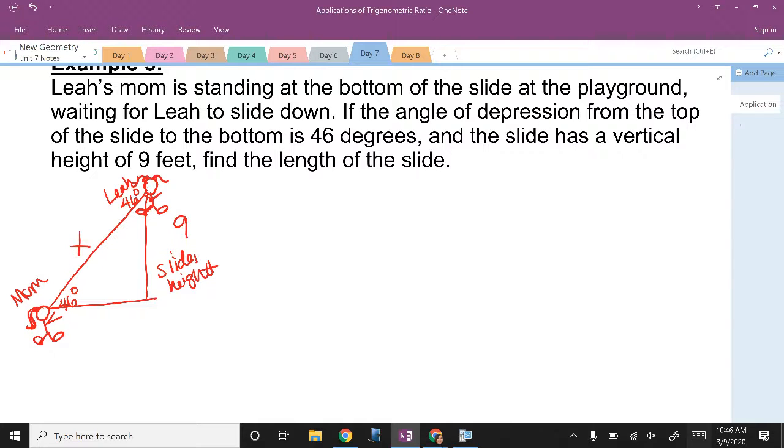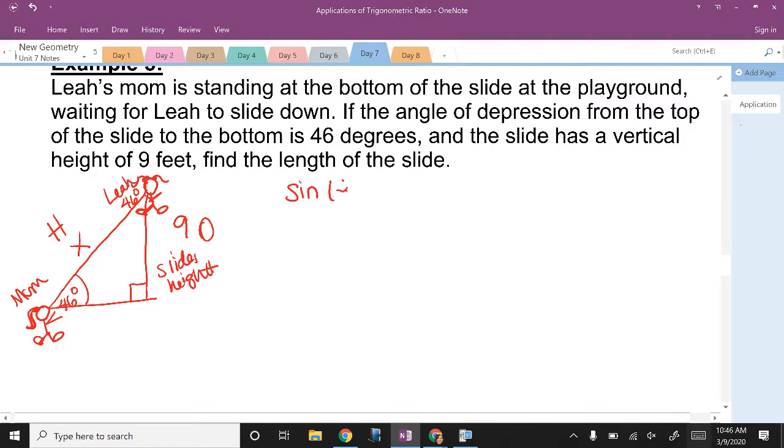So sine, cosine, or tangent? Well, is the 9, here's my angle, isn't it? Y'all see that? Okay, so what do you think? Sine, cosine, or tangent? Sine, because I have opposite and hypotenuse. All right. So we're going to say sine 46 degrees.